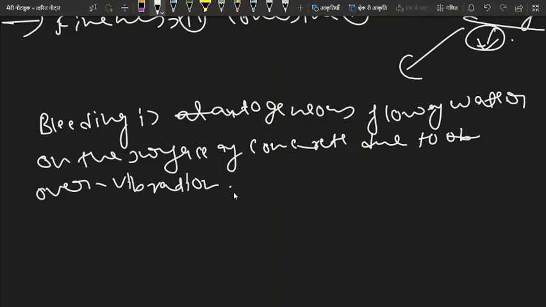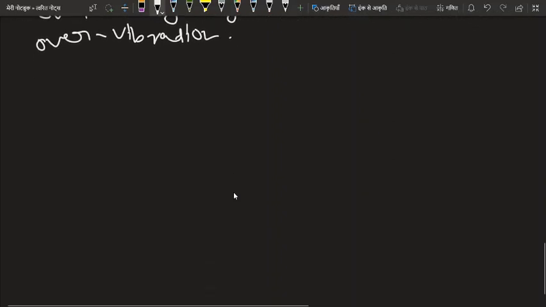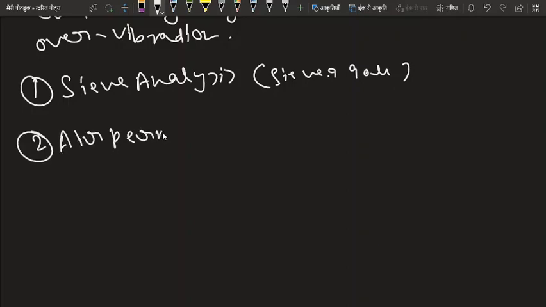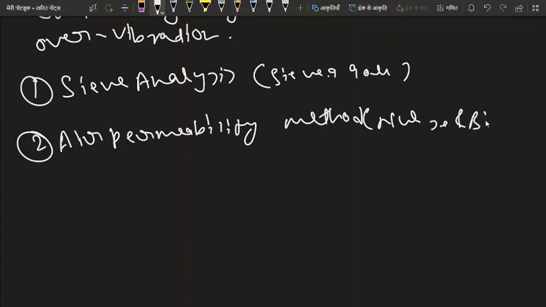One is the sieve analysis method, with sieve number 90, and another is the air permeability method, using the Nurse and Blaine apparatus and the air permeability apparatus.